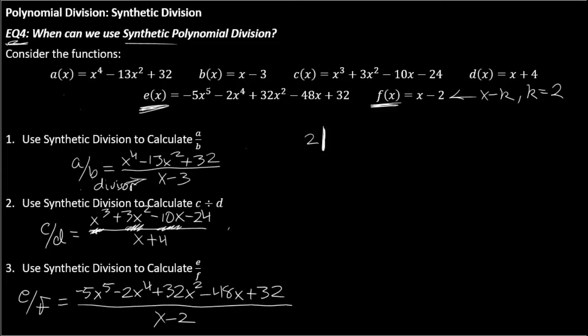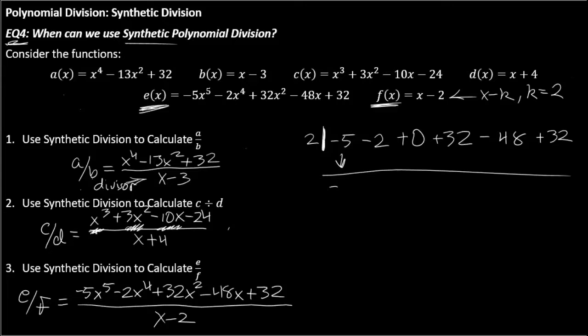So start with negative 5, then negative 2, then 0, because we don't have x to the third, then 32, and then minus 48, and then positive 32.